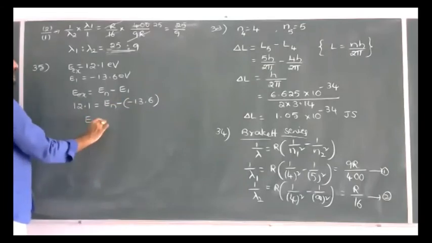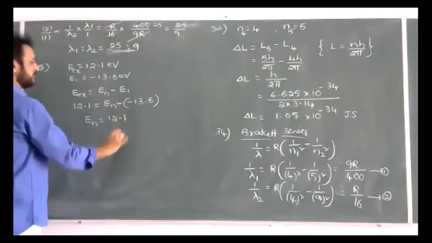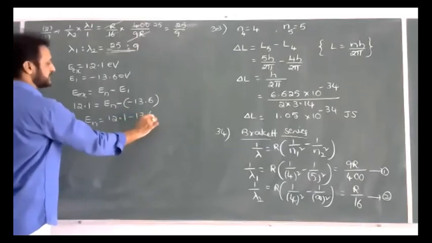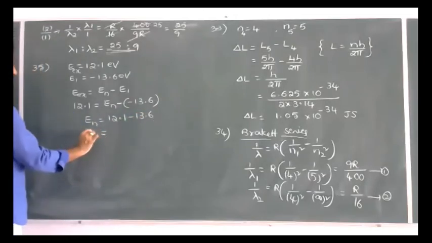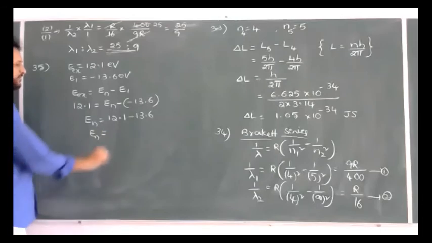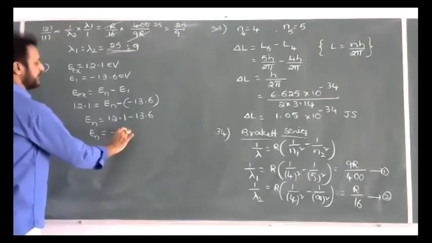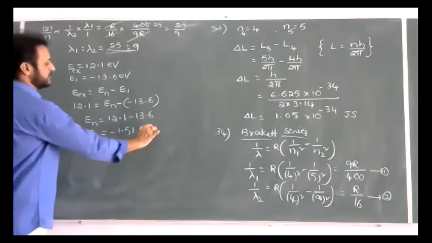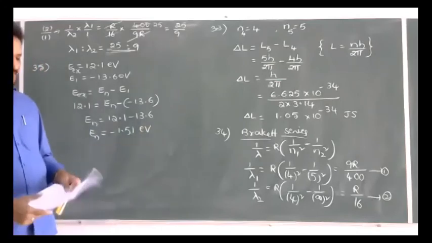So E nth orbit is equal to 12.1 minus 13.6, that equals minus 1.51 electron volt.